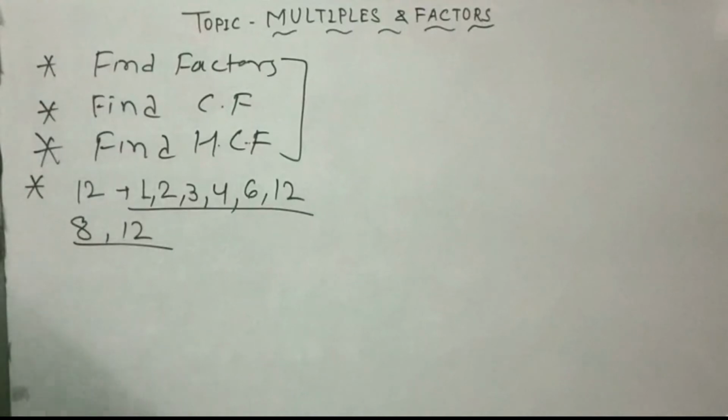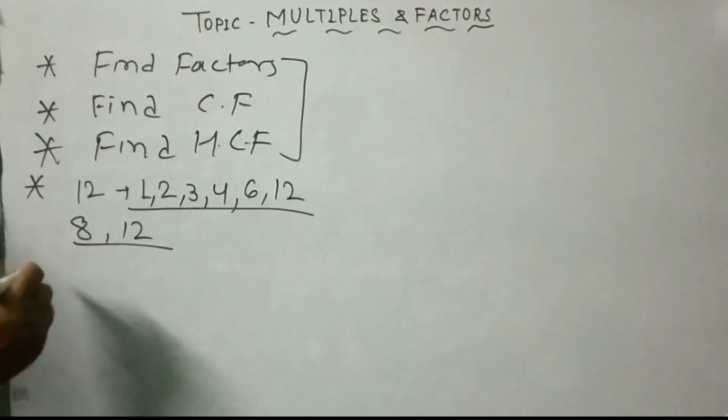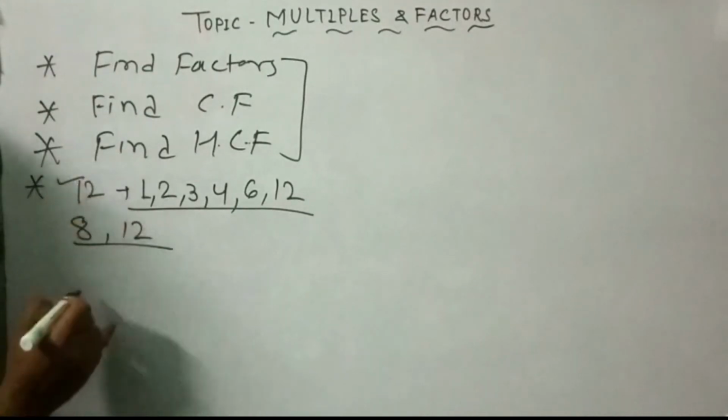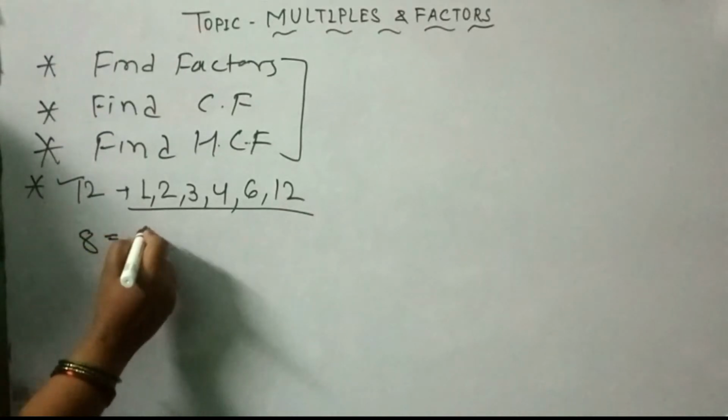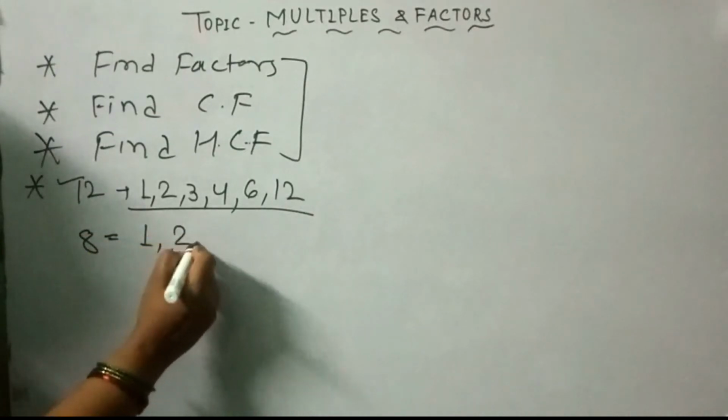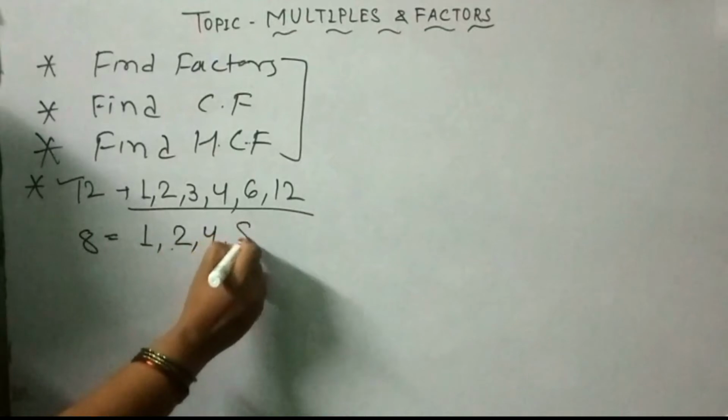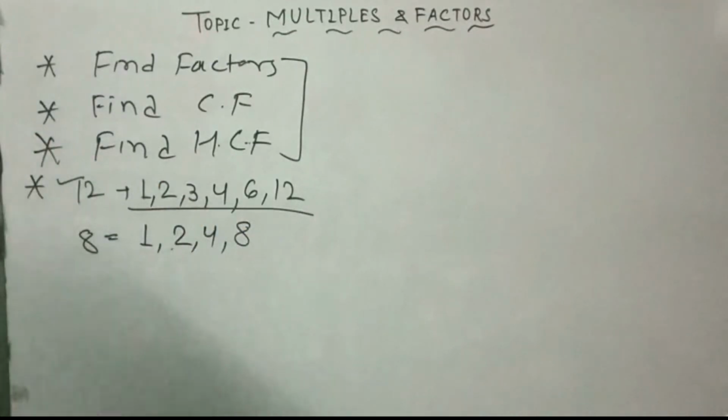We have already written the factors of 12, so now we write the factors of 8: 1, 2, 4 and 8. Yes or no? Factors of 12 are 1, 2, 3, 4, 6, 12 and factors of 8 are 1, 2, 4, 8.